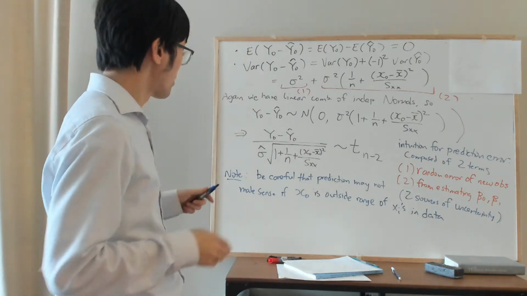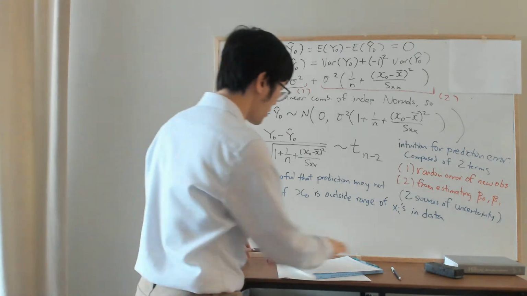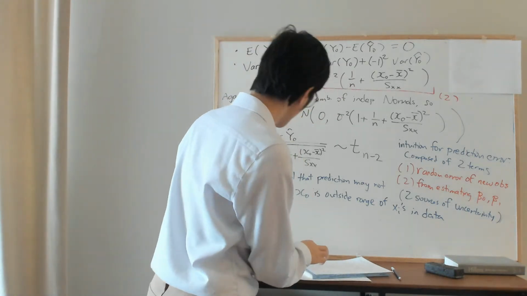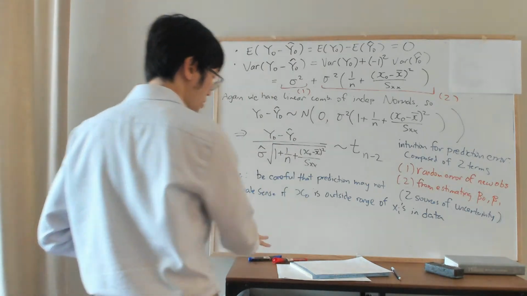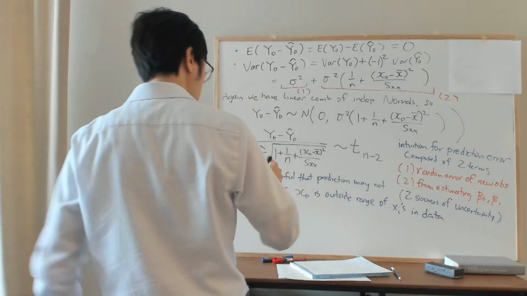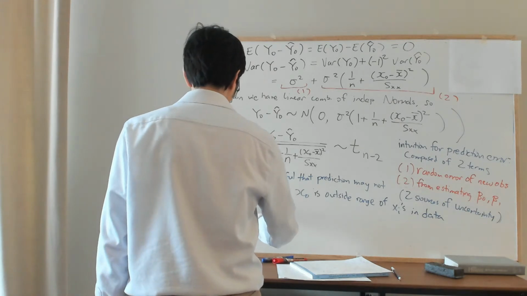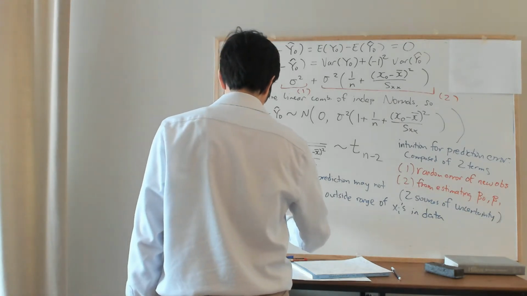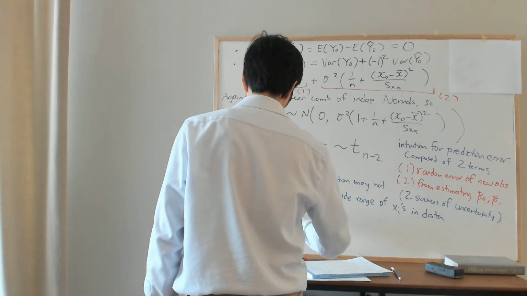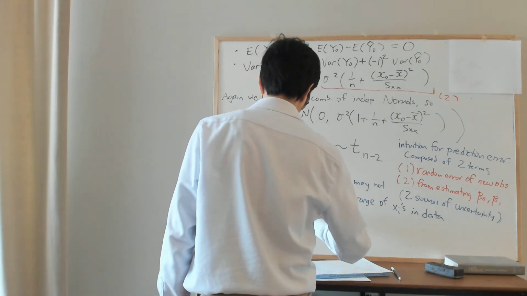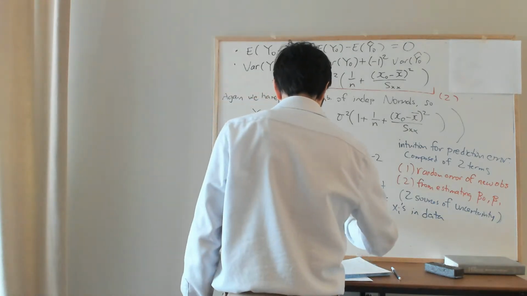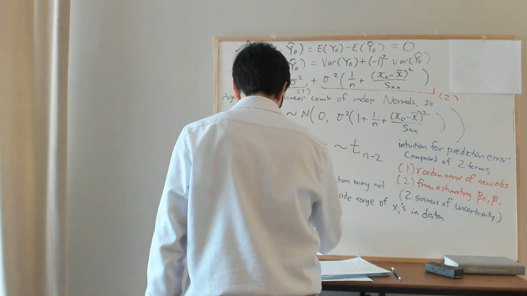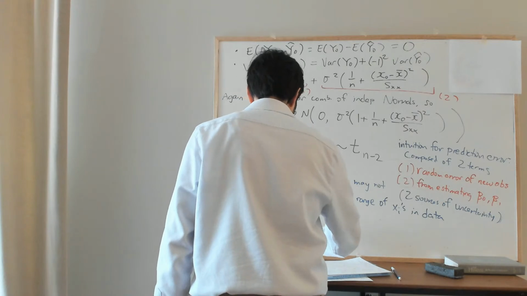Okay, so that's the inference for prediction. The last thing I want to write down for this is the actual prediction interval. Based on this t distribution, we can construct a 1 minus alpha prediction interval for this new data point, y0.